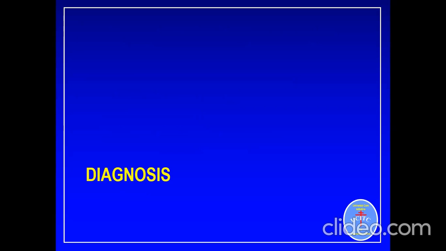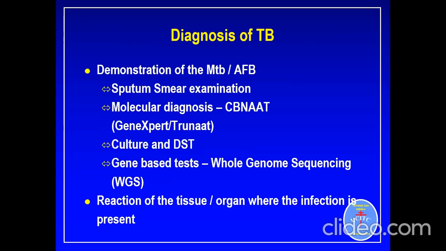Okay, doesn't matter. So coming to the diagnosis, tuberculosis diagnosis is basically demonstration of MTB or acid-fast bacilli in any of these sites. As far as pulmonary tuberculosis is concerned, the first examination, which of course has now been relegated to the past, is the sputum smear examination.